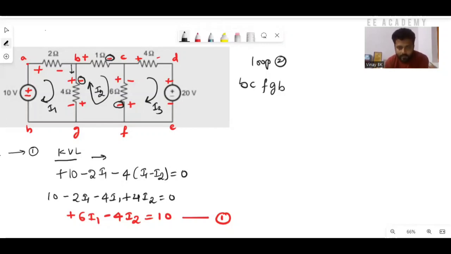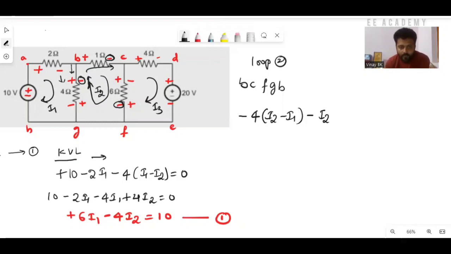Now minus 4 into, you can observe the current: I2 is flowing upward, I1 is flowing downward. The reference is the second loop, so I'll write minus 4 into I2 minus I1. Similarly, second polarity, minus 1 into I2, so minus 1 I2.